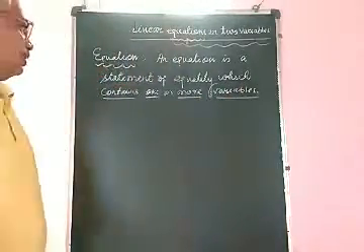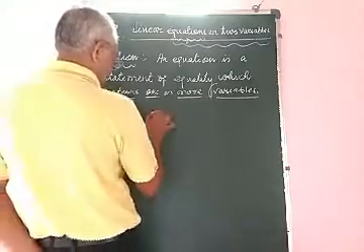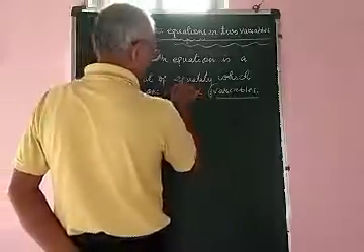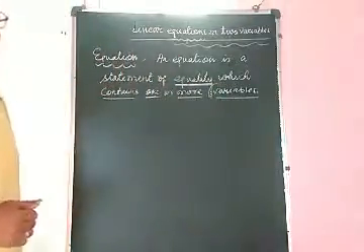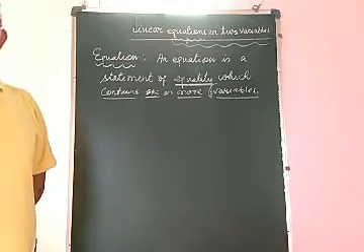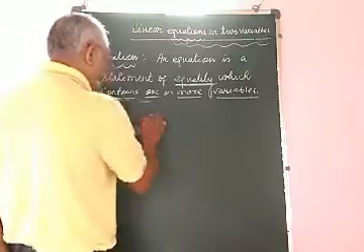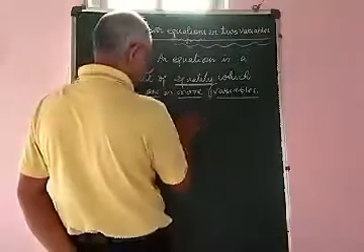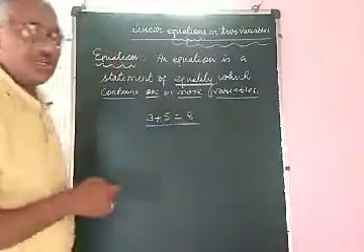For example, there is another term, equality. What is equality? When two terms are connected with the sign of equal. Suppose 3 plus 5 is equal to 8. This is an equality.